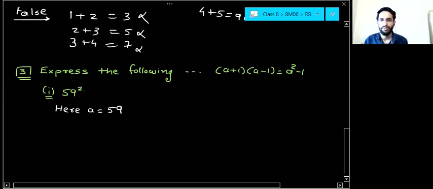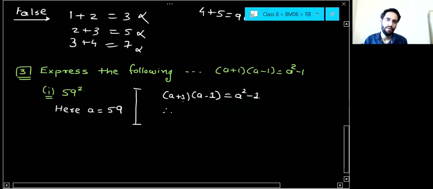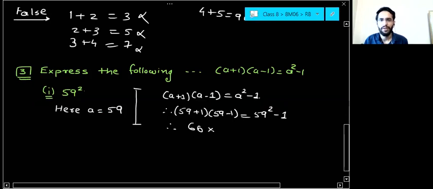So if I put 59, (59 plus 1)(59 minus 1) equals 59 square minus 1. 59 plus 1 is 60, 59 minus 1 is 58. So 60 into 58 is equal to 59 square minus 1.